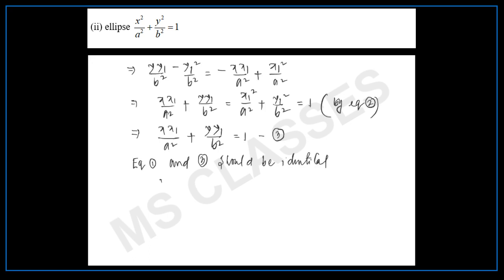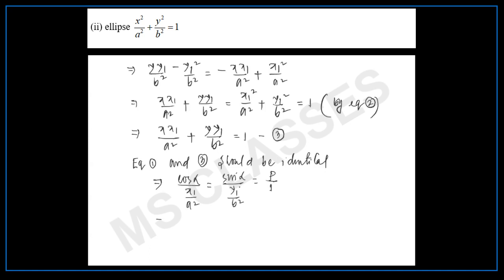Now that means what? We can write here cos alpha by x1 by a square equal to sin alpha by y1 by b square equals to p by 1.